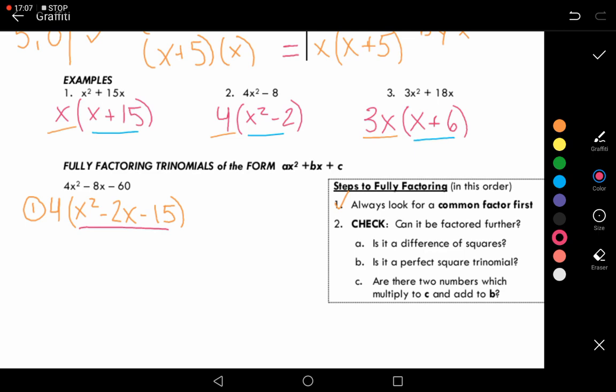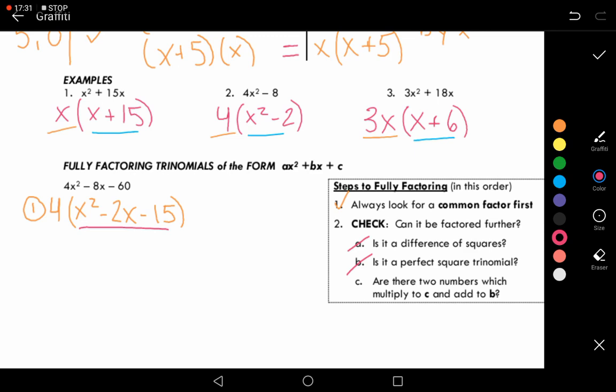Remember, for both of those, we need to be able to take the square root of 15 and get a whole number. If you try to do that on your calculator, you'll realize that you won't get a whole number. What that means is there's not one number that we can multiply by itself to get 15. So we know right away that we can cancel out option A and option B. So we're moving to our last option.